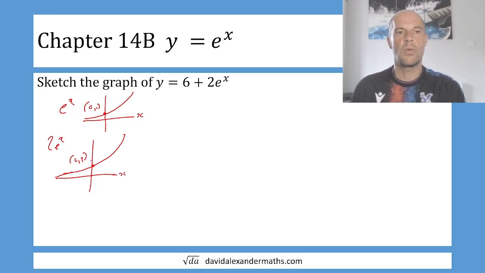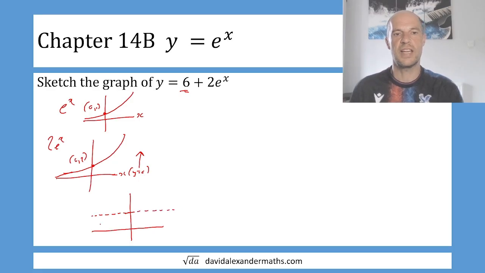Now, all I need to do is plus 6 to this. This plus 6 means I'm shifting the whole thing up 6 units. So what that means is that the x-axis, which is the line y equals 0, is no longer the asymptote, but the new asymptote is the line y equals 6. So let me just say that this is where y is 6.